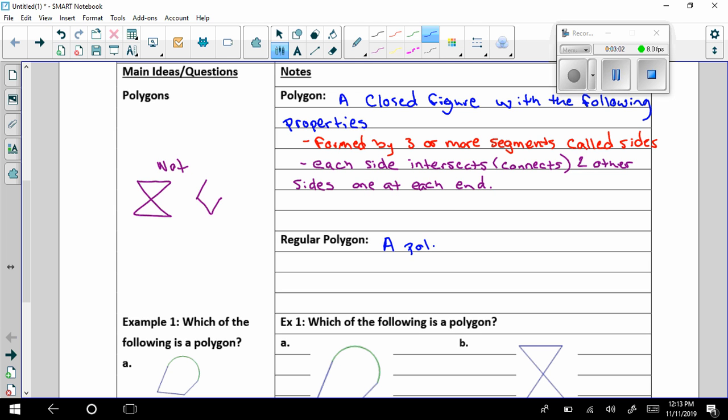So it fits all the criteria from above, but it has all congruent sides and all congruent angles. And that's helpful because if we know 2 things are congruent, we can set them equal.